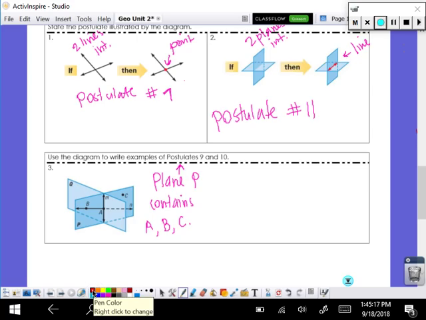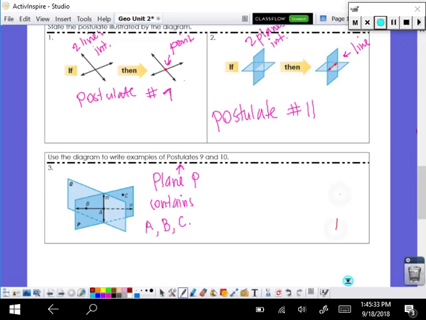Postulate 10 is a little bit more complicated. That's the postulate that says if a plane contains 2 points, then the line that contains those points is also on the plane. So I need to find a line on a plane with 2 points.